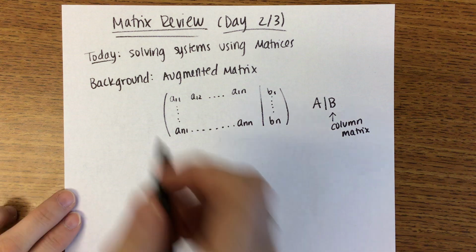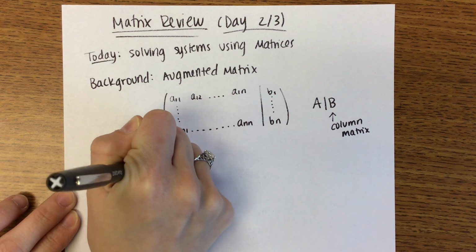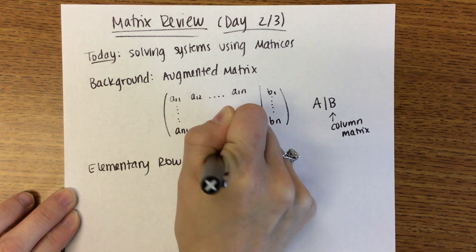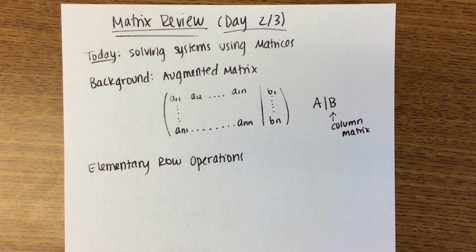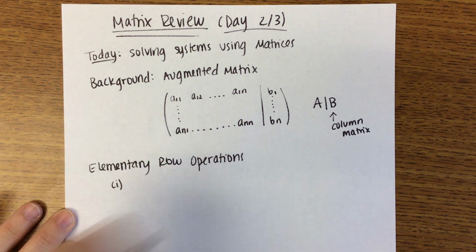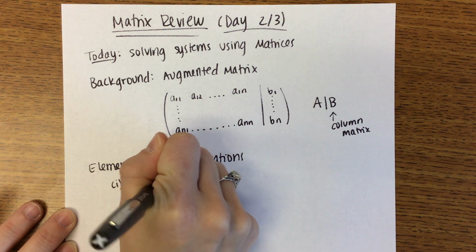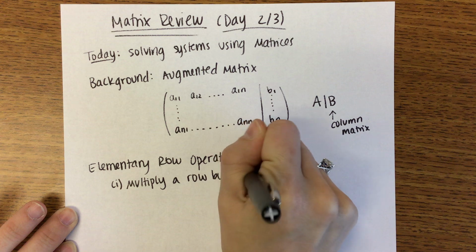In order to solve systems, we're going to have to use elementary row operations. So when you have a matrix, there are 3 different main operations that you can do on the different rows. The first one, you are allowed to multiply a single row by a non-zero constant.